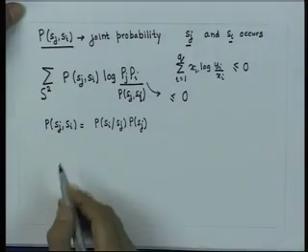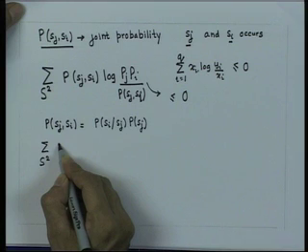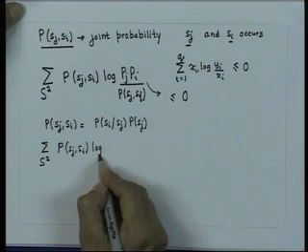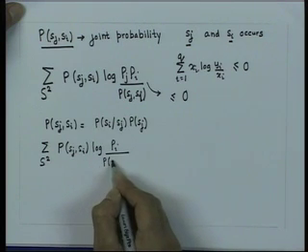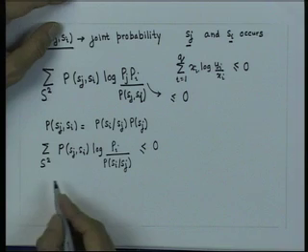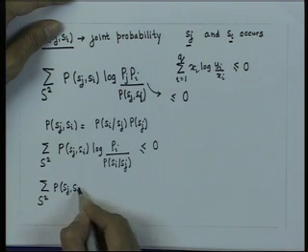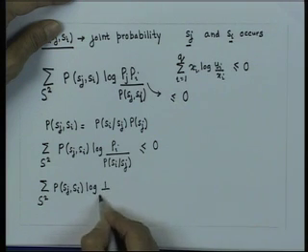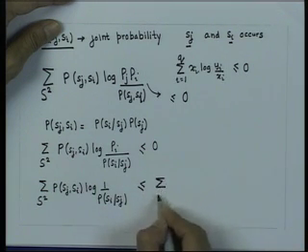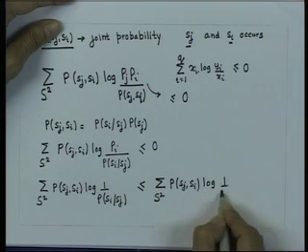If you plug this expression into this, then I can write Pi over the probability of Si given Sj is less than or equal to 0, which I can further simplify as the probability of Sj Si log of the probability of Si given Sj will be less than or equal to the probability of Sj Si log of 1 by Pi.